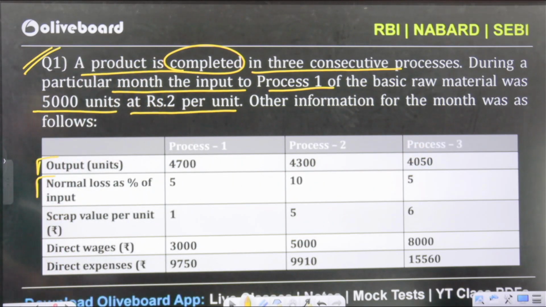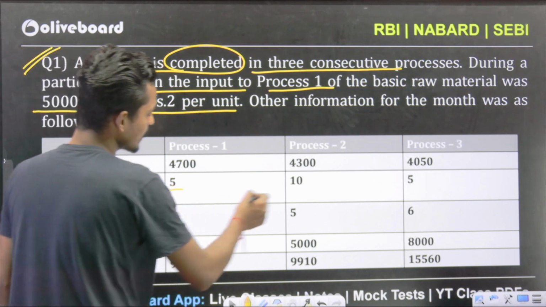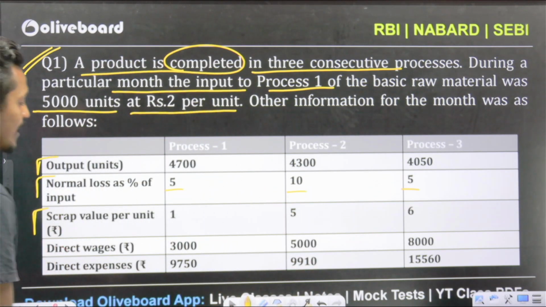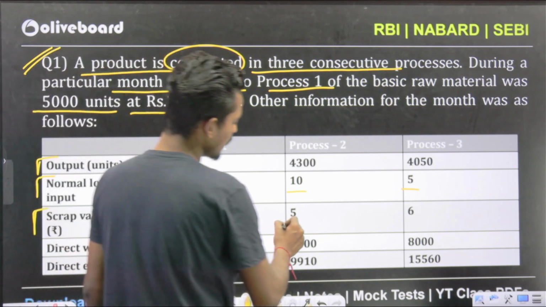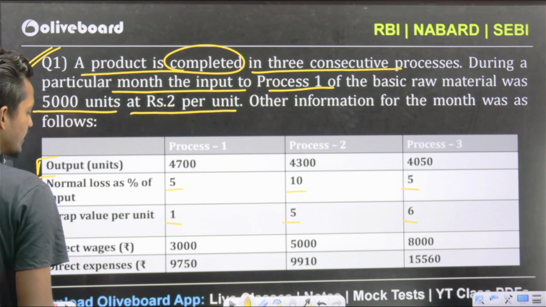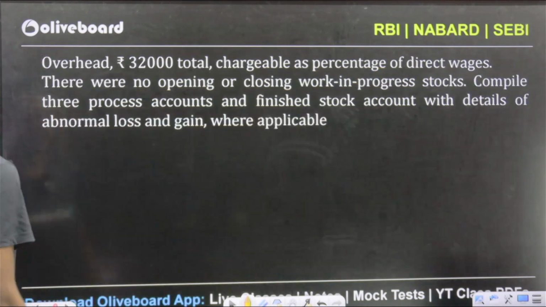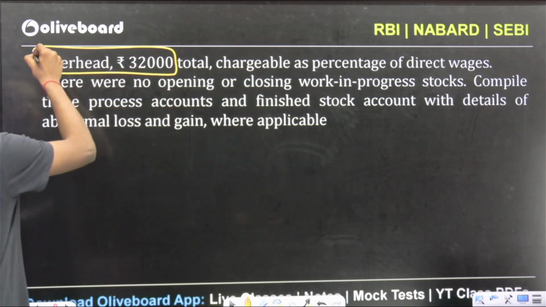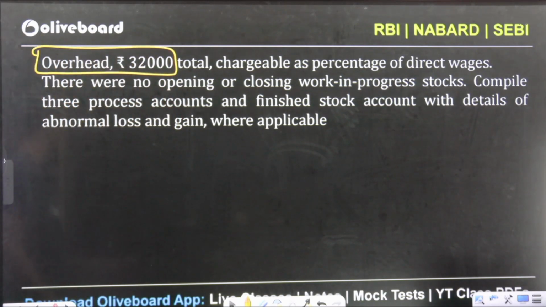Next, at every stage we have a normal loss of 5%, again 10% or 5%, and that normal loss unit we are able to sell in the market at rupees 1, 5 rupees or 6 rupees. And again we have direct wages or direct expenses like that, and we also have a treatment of overheads. Now this overhead is your indirect expenses, indirect material, indirect labor.